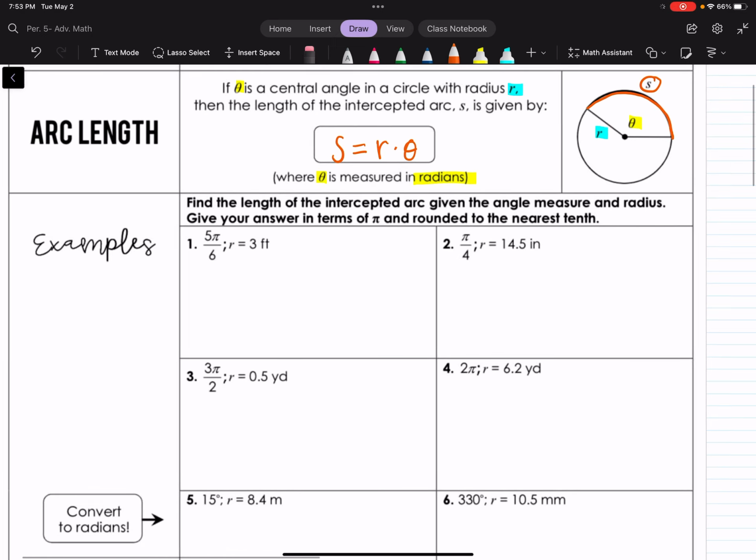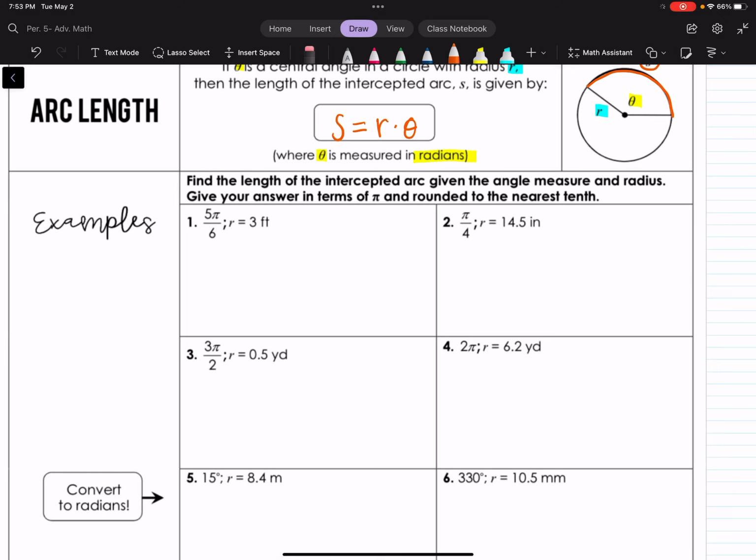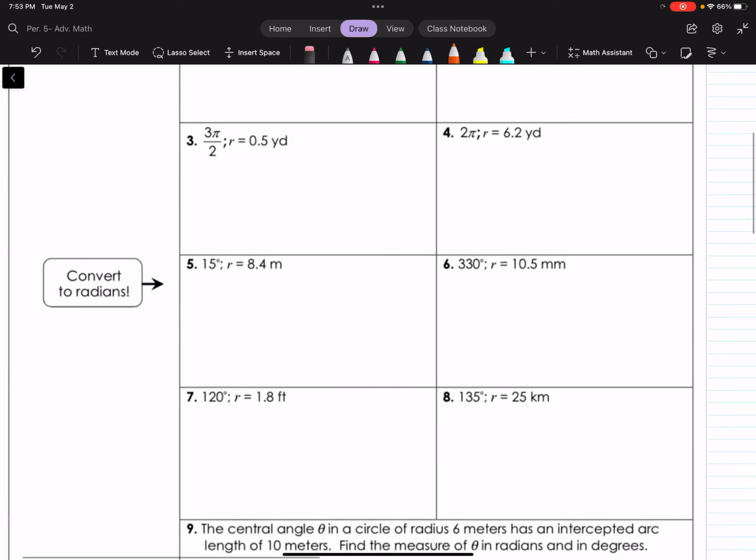The most difficult part here is just remembering to turn your angle theta into radians if it isn't already given to you. All right, so let's look through examples 1 through 8.